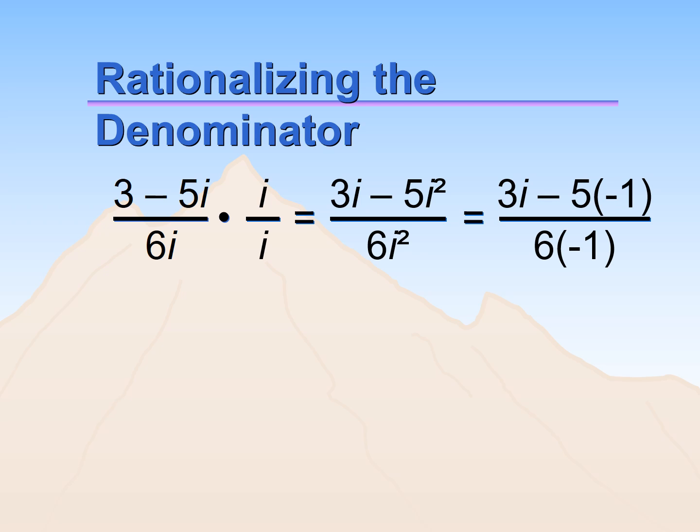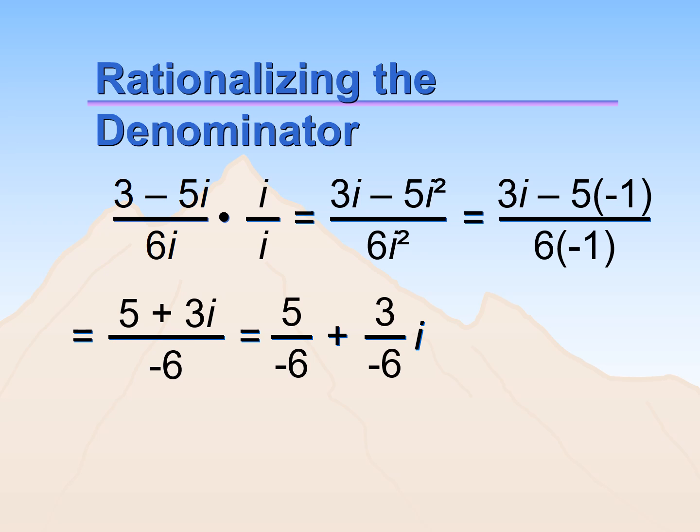So from there, the i squares become -1s, and then I'll simplify a little bit. I have 3i minus 5 times negative 1, which becomes 3i plus 5. And then 6 times negative 1 becomes negative 6. Now remember, I need to rewrite this in the a plus bi form. So that would become 5 over negative 6 plus 3 over negative 6i.